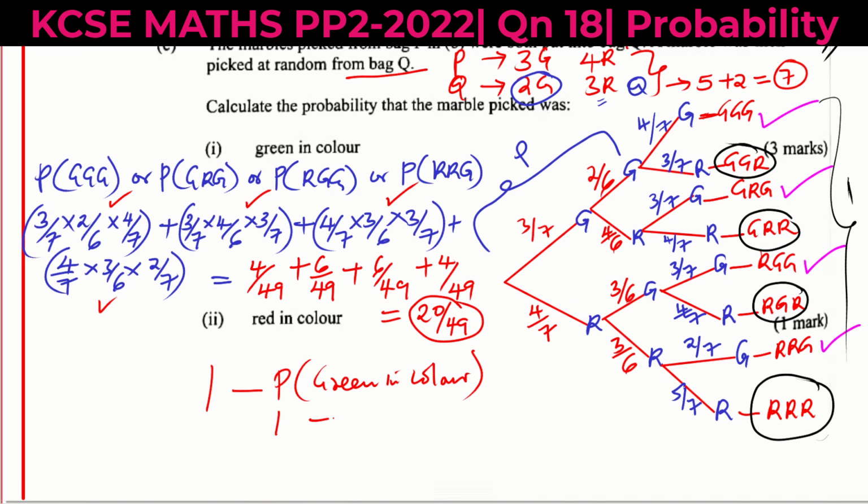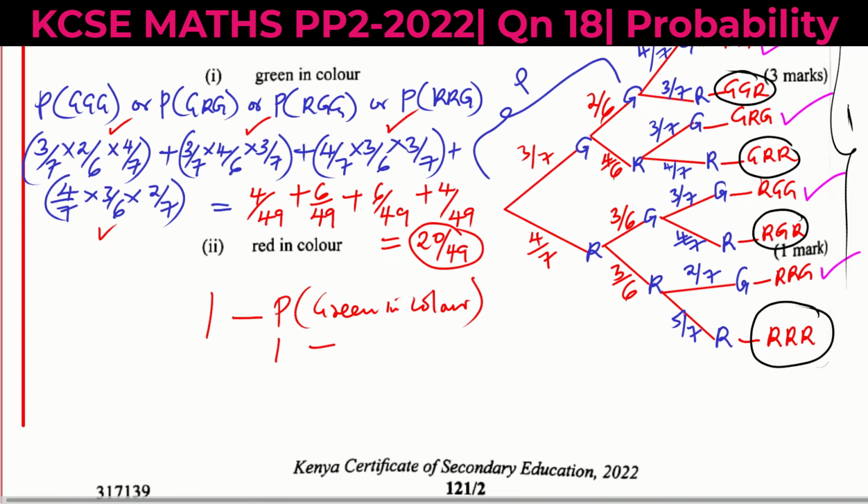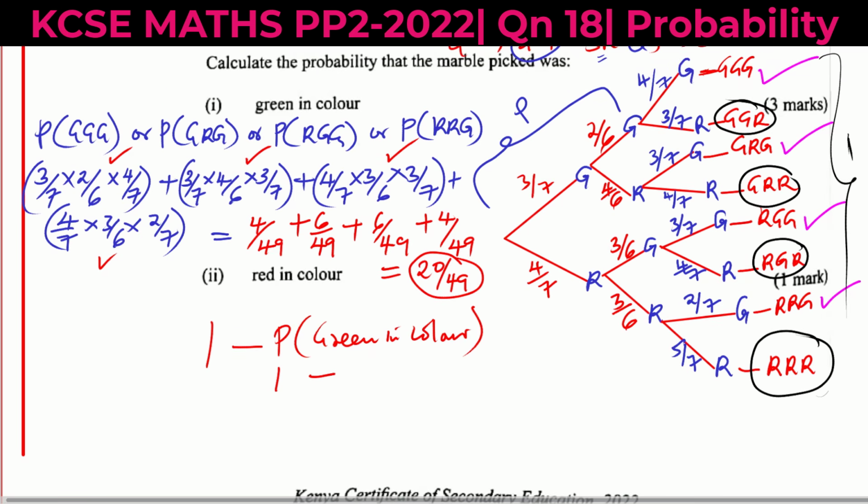So this will give you 1 subtract the probability that the marble is green in color, or the ones that I've ticked here. If you subtract all those, and that is what you've got, 20 over 49. What is left is the probability that the marble picked was red in color.